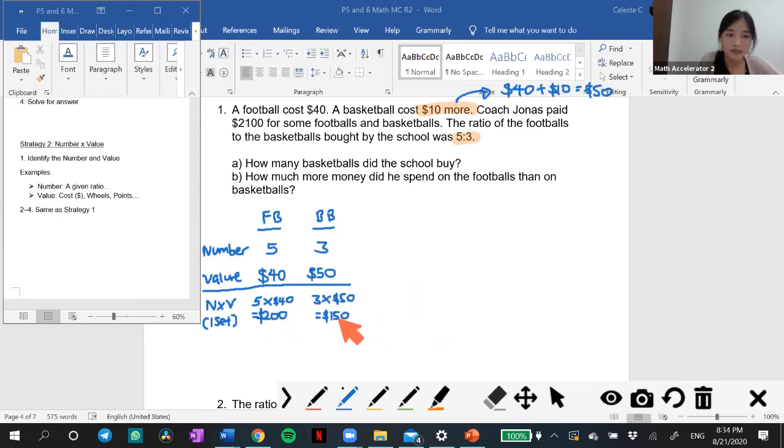So what's the value of one set? Right, value of one set, you add the two values up. $350.